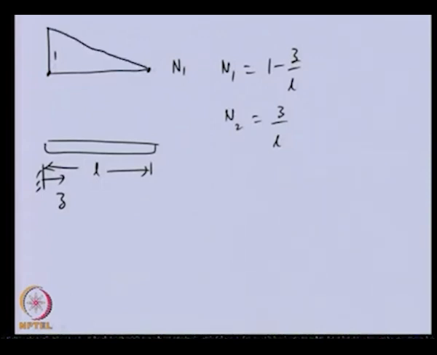So this will vary like this. N2 at z equal to 0 is 0, and at z equal to L has the value 1, and in between it varies linearly.